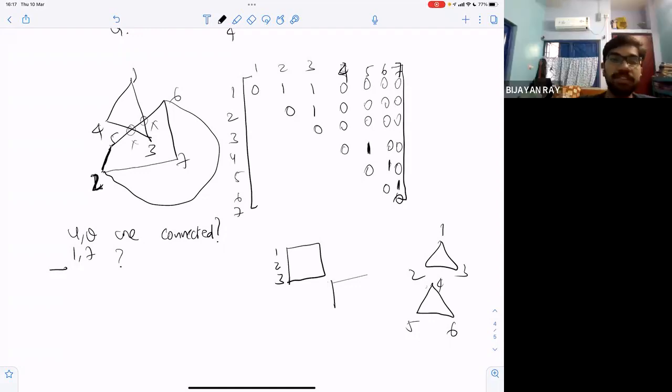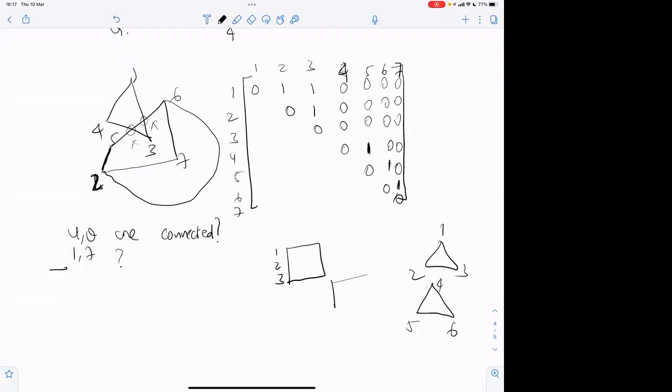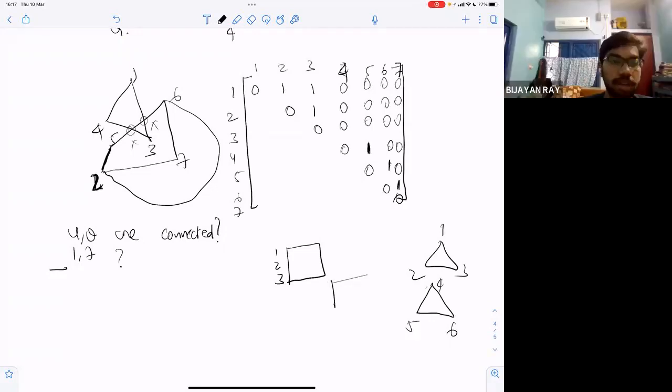No, I mean, we have an adjacency matrix. It should have some labeling. After that, we can construct an adjacency matrix. So in the adjacency matrix, if we want to find the connectivity between 7 and 1, we just come down from 7 along the column. 7, 1 is 0, so it's not connected. 7, 2 is also 0. 3, 7 is 0. 4, 7 is 0.